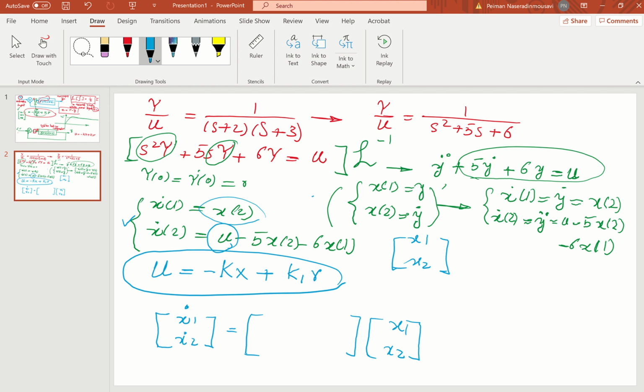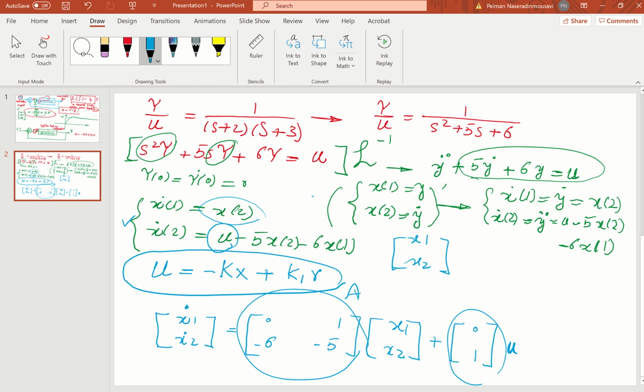In the first line there's no x1, so it's 0 and 1. The second line is -6 and -5, plus bu, single input, single output, so this is going to be scalar. First line there's no u, 0. Second line is going to be 1. So this is your A and this is your B.